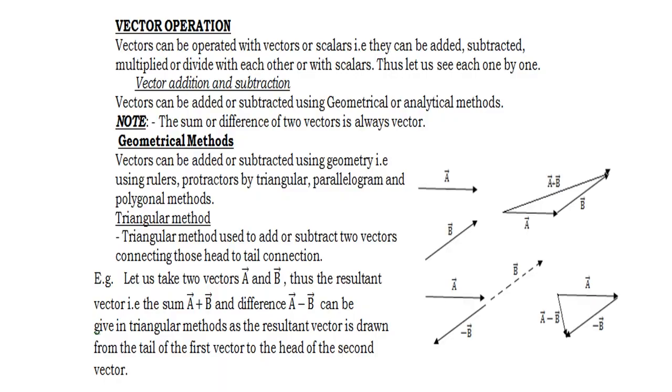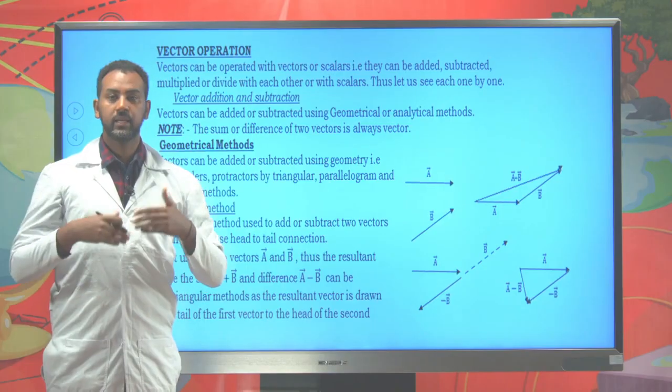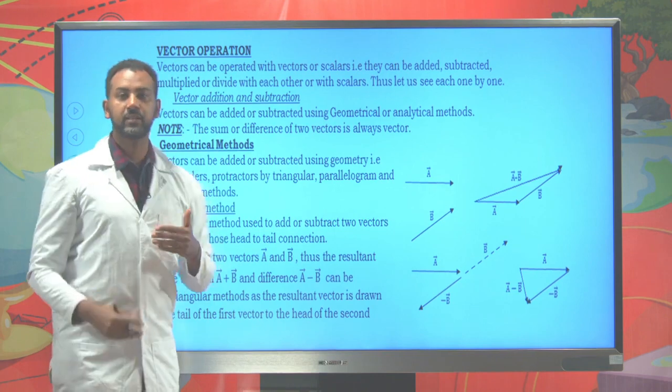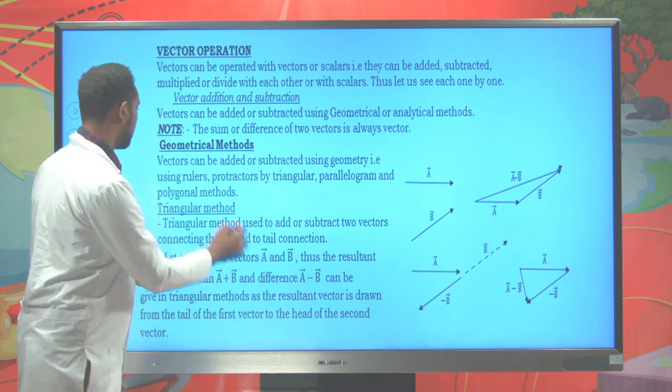Let's proceed. Now let's see vector operations. Vector operation means how to add, subtract, and multiply vectors. It's possible to add, subtract, or multiply vectors using geometrical means and analytical means. First, let's see the geometrical means of vector adding and subtracting.